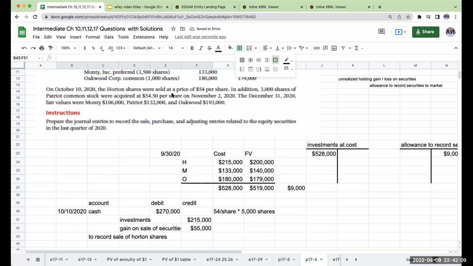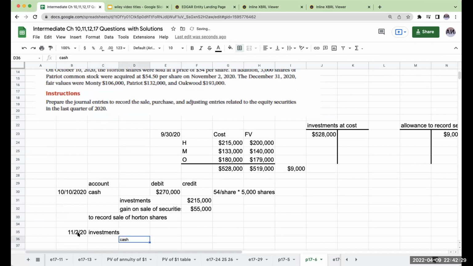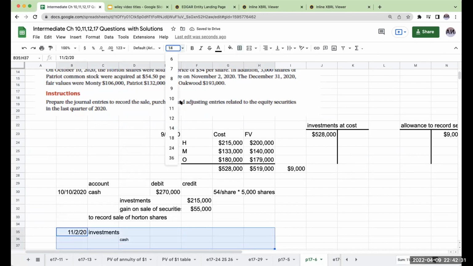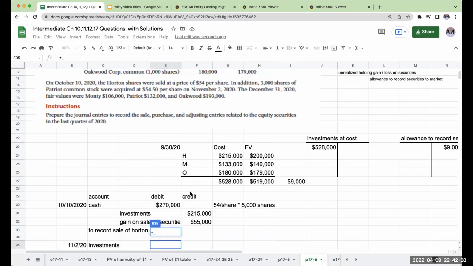Okay, that also tells us over here that in addition, we purchased 3,000 shares of Patriot on 11/2/2020. So in this case, we're going to debit investments, and then we're going to credit cash. The amount is going to be, we bought 3,000 shares at $54.50.